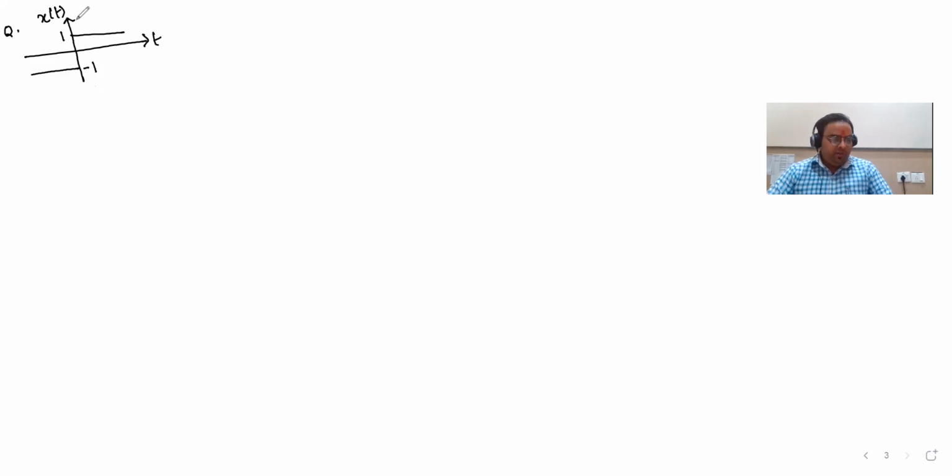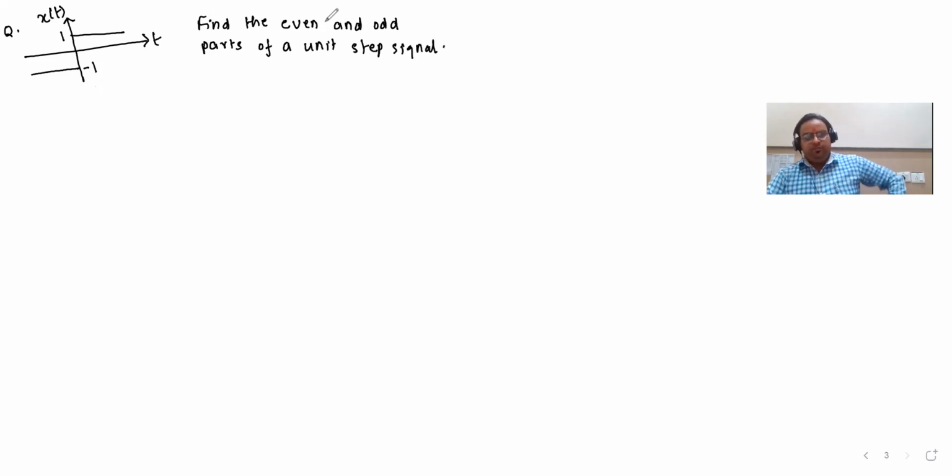In this question, this waveform has been given, and we are asked to find the even and odd components or parts of a unit step signal, u of t, in terms of x of t.